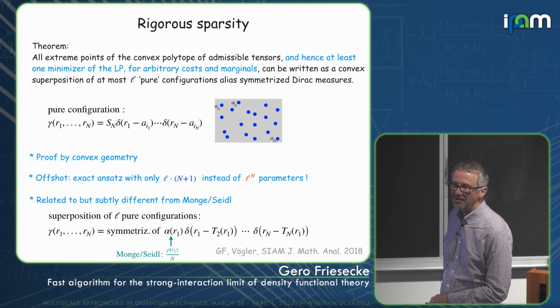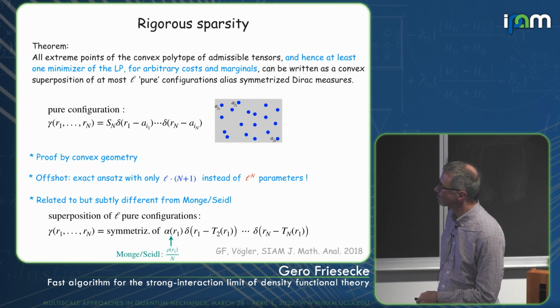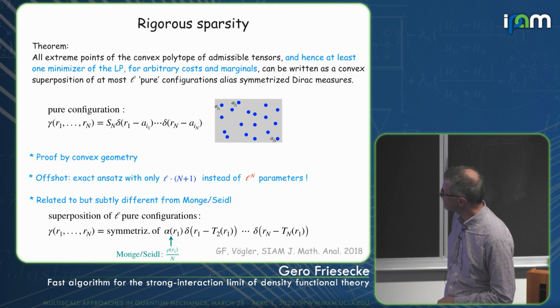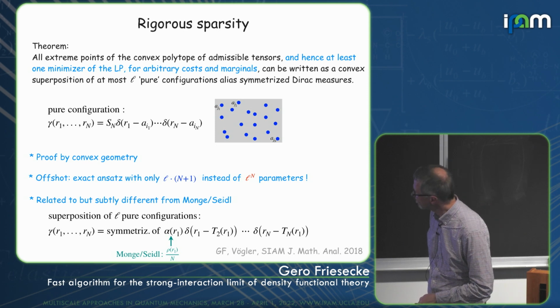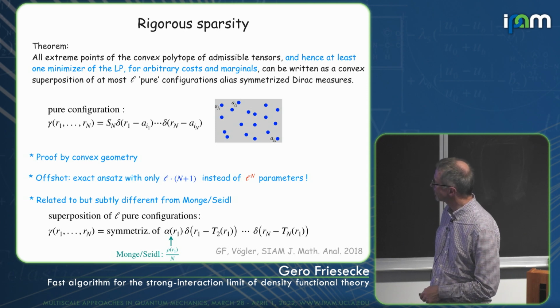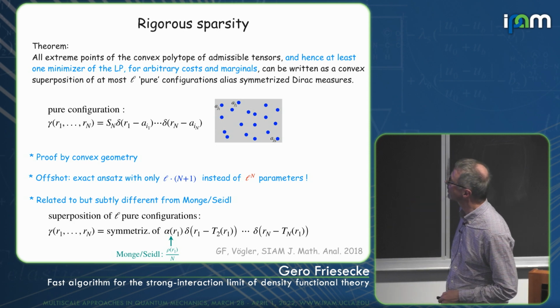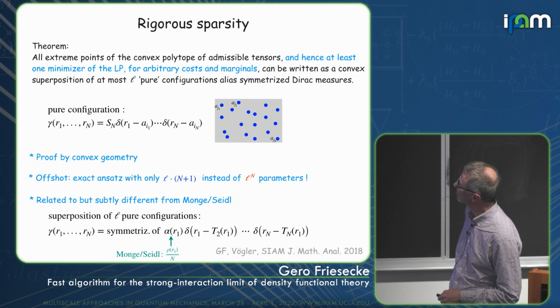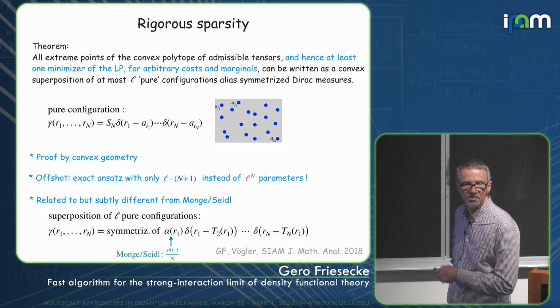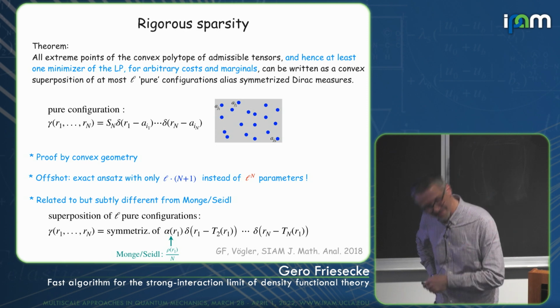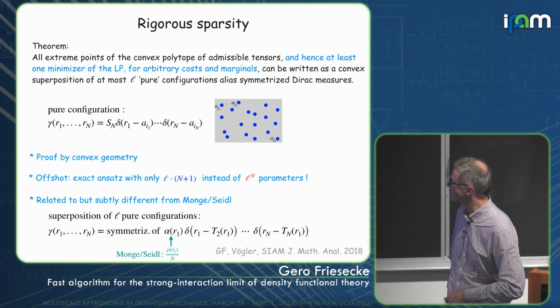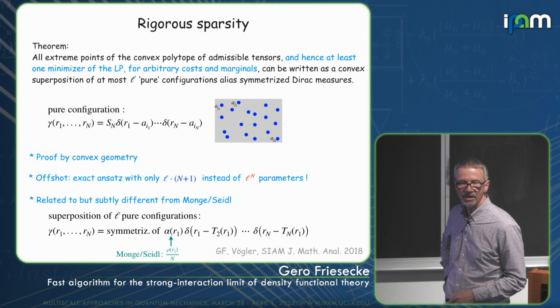That's also why you get the n+1 here, because you get an additional L degrees of freedom for this probability measure if you have an L-point grid. So it's very easy to write down, but it took us a long time to find. And I don't think you would come up with this just by waking up in the morning. You come up with it by studying systematically the convex geometry of this polytope of admissible tensors and determining the extreme points, and then you see it has this meaning which is quite close to Seidel.